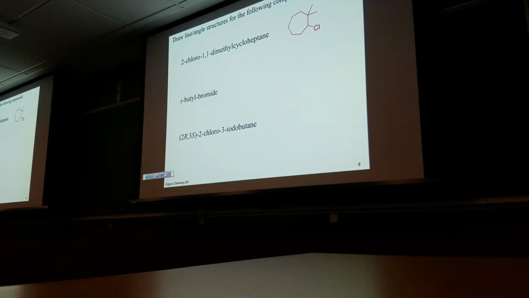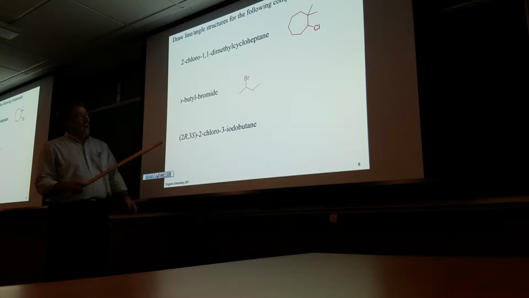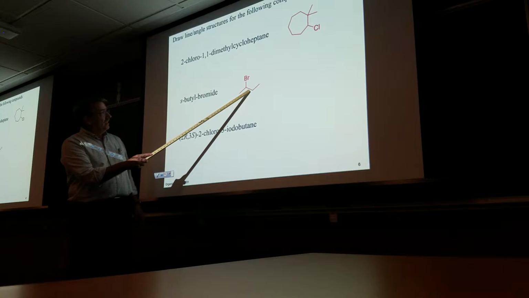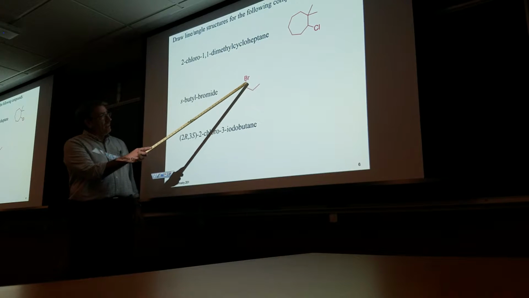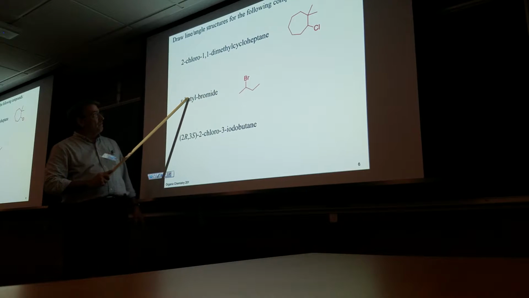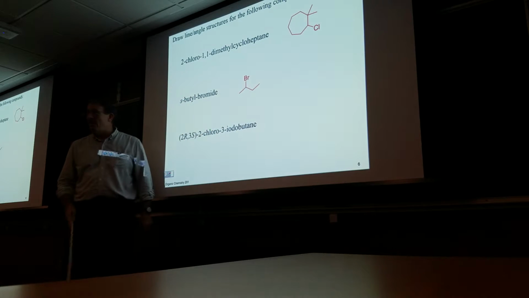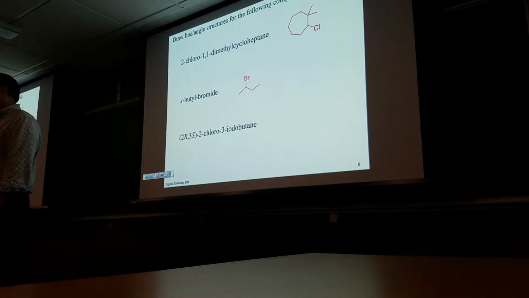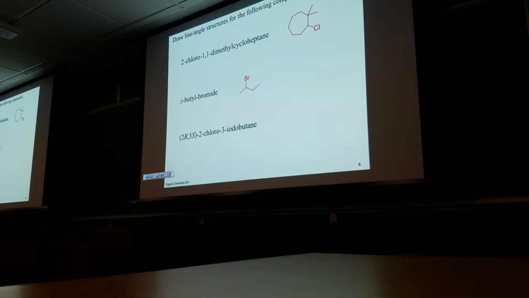Okay? I have to know actually what the structure of sec-butyl is. And so I'm going to call it sec-butyl bromide. I'm actually going to draw sec-butyl here and draw a bromine off of it, because my bromine is actually at the secondary position here. That's all that's meaning. Okay?